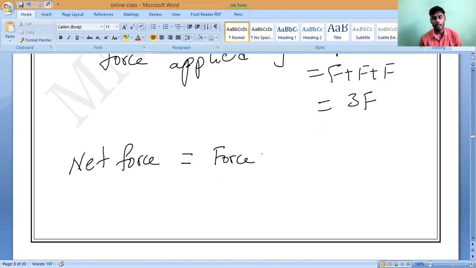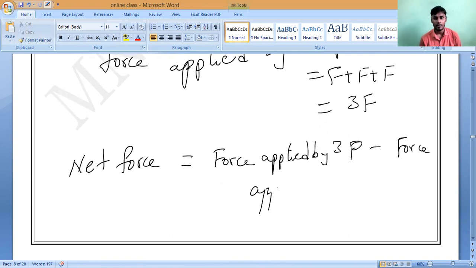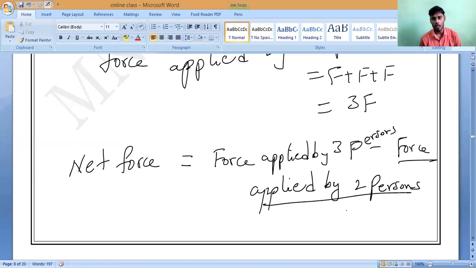Net force is equal to the force applied by 3 persons, 3F, minus the force applied by 2 persons. The force applied by 2 persons is also called the frictional force, 2F.